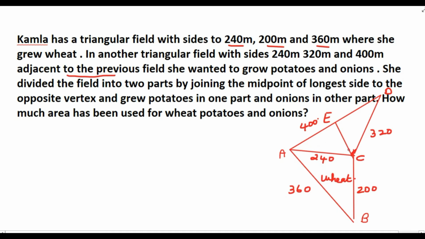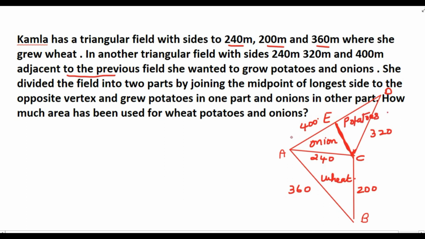Now she divides the field into two parts by joining the midpoint of the longer side, this is the longer side 400 meter, to the opposite vertex. So she divides this triangular field into two parts. In one part she is growing onions and in the other part she cultivated potatoes.